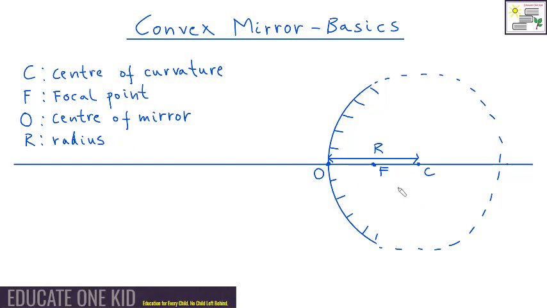Just like we discussed for the concave mirror. And again, the distance from the center of the mirror to the focal point, we call that the focal length. Little f.